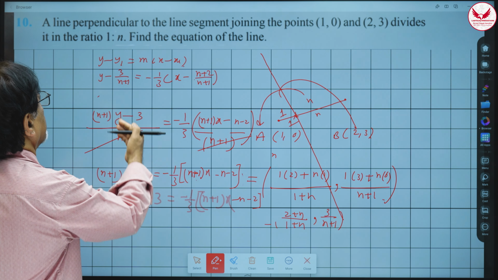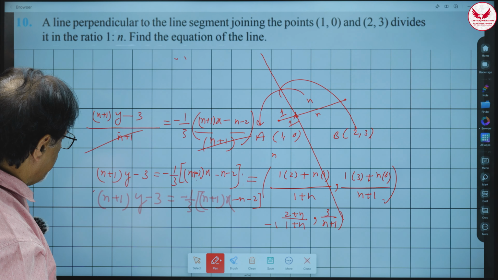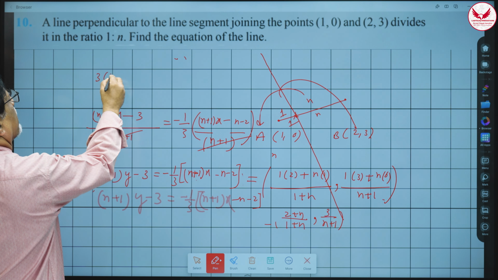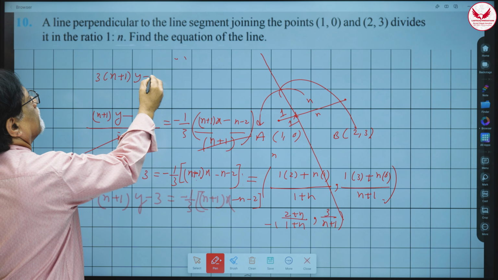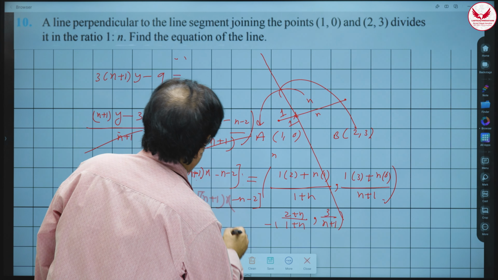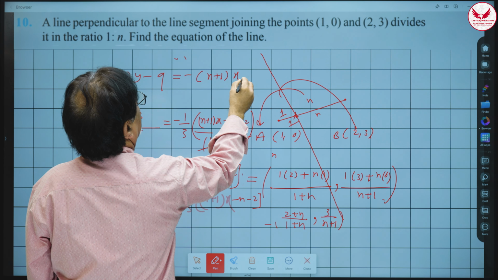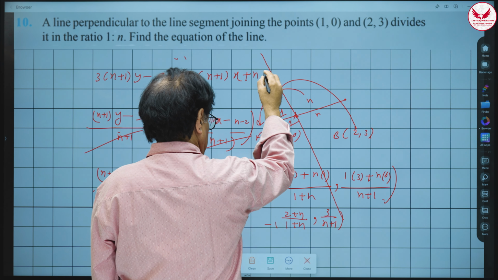Okay? Now let us simplify it further. So this is going to be 3 multiplied by n plus 1 into y minus 9 is equal to minus n plus 1 multiplied by x plus n plus 2.